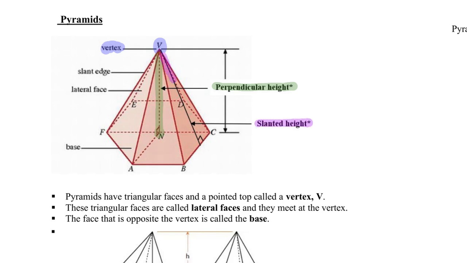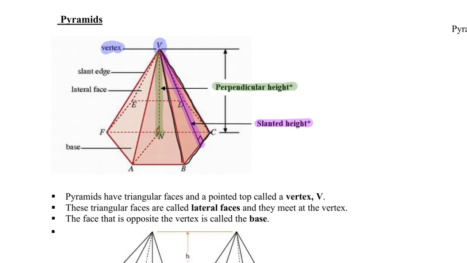It's actually referring to this particular slant height, and I'm going to just make a rough sketch. Where does this slant height come from? So if you see, the slant height is actually the height of one of the faces.